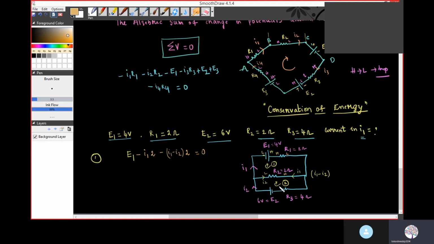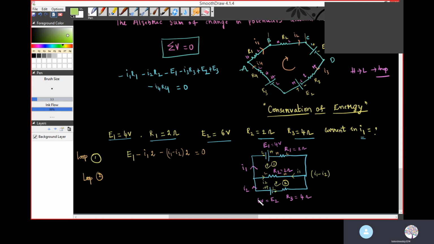Now loop 2. Let's write the equation for loop 2. I will start from here. Now this is low, this is high, so it gained: plus.